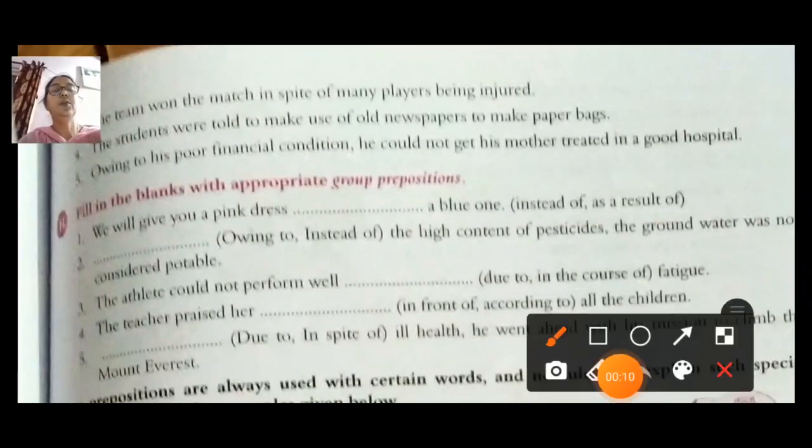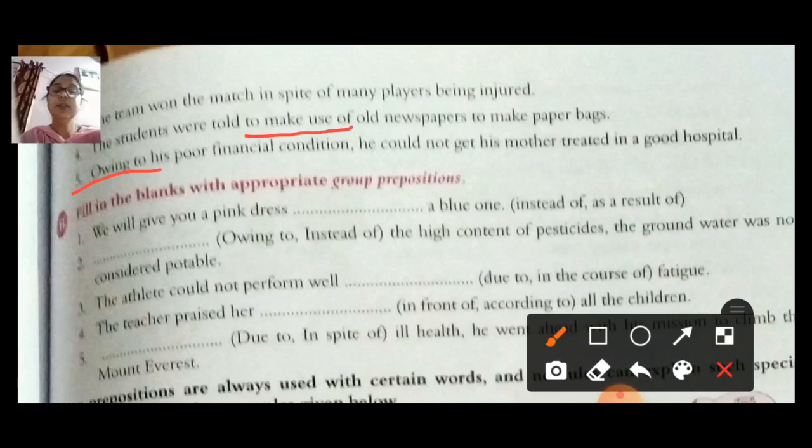Now here we are going to write make use of. Now owing to his poor financial condition, we could not get his mother treated in a good hospital. Now here we underline owing to. These are all group prepositions.